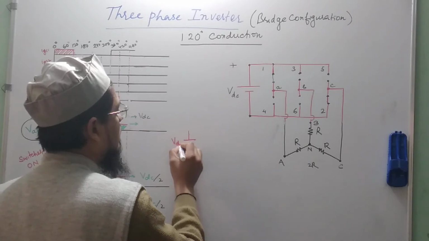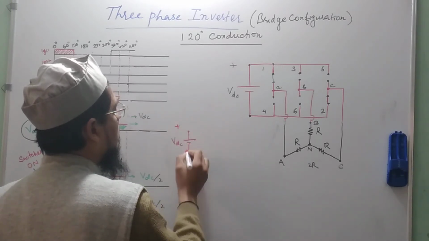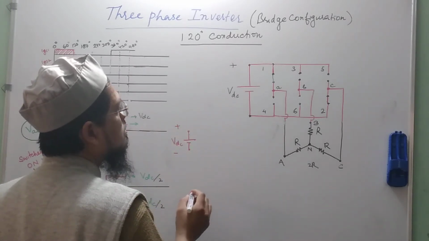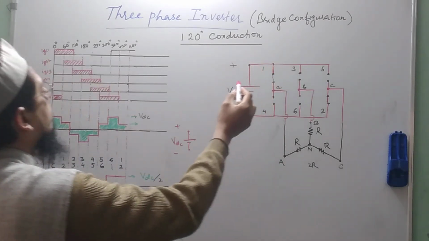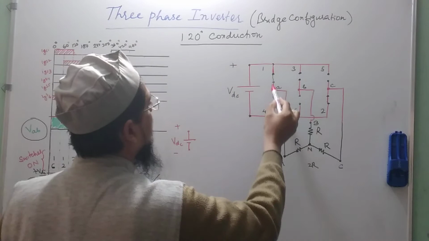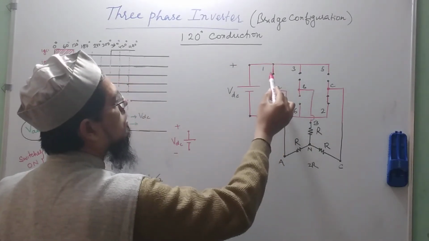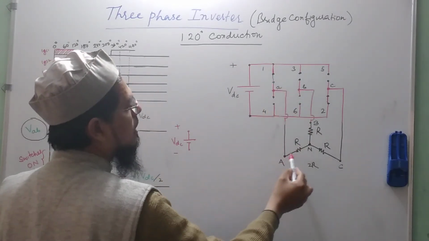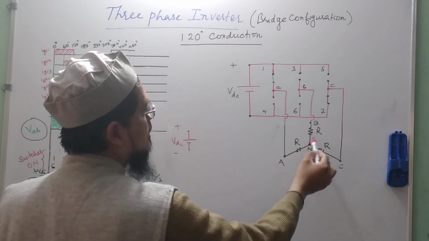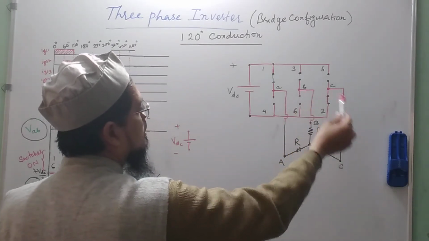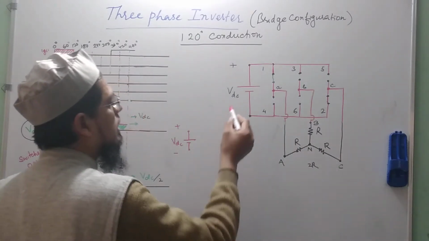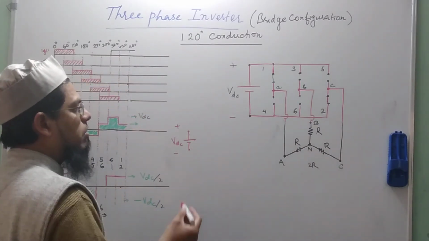So, this is VDC and this point is plus, this point is minus, and from plus I am going through this switch 1 and then to A and capital A, and there is a bifurcation here, and again B is not connected, C is connected to the negative terminal of the battery.